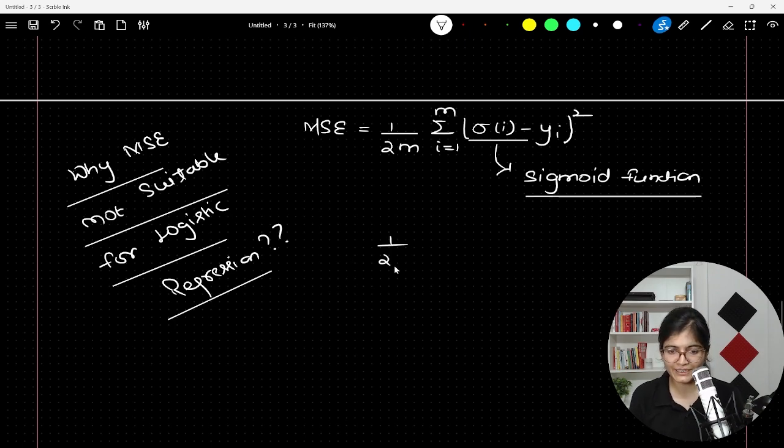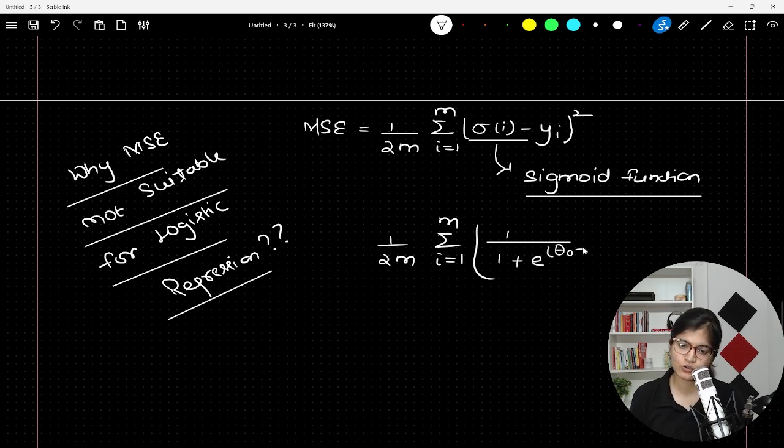Now, let's try to fill that value. You will be able to understand summation of i equals 1 to m, and here you will get 1 divided by 1 plus e to the power minus z, which is equal to theta 0 plus theta 1x. I think I have tried to solve this complete derivation in the previous video as well.